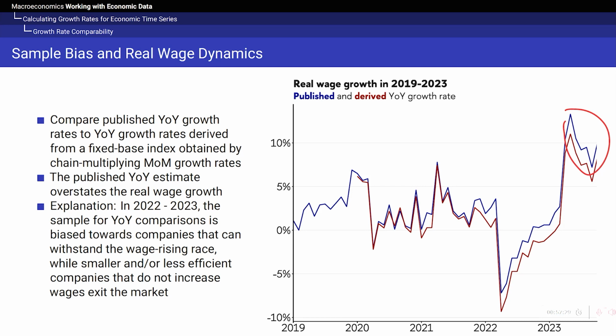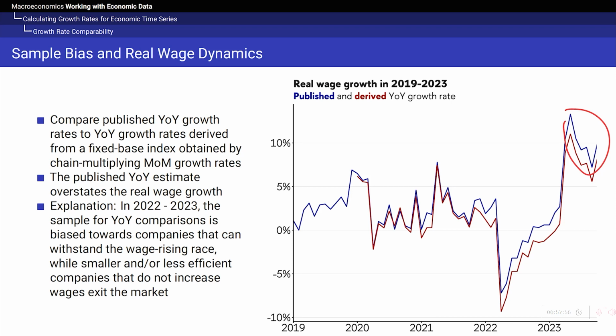Basically, this means that when calculating year-over-year growth rates, Rosstat only compares wages paid by surviving companies. By definition, these companies survived the competition because they were able to pay higher wages and attract more qualified workers. That is a perfect example when a small methodological difference results in sizable differences in the resulting figures.